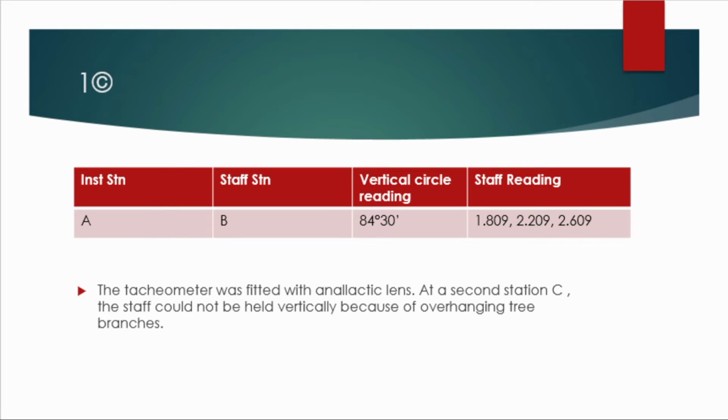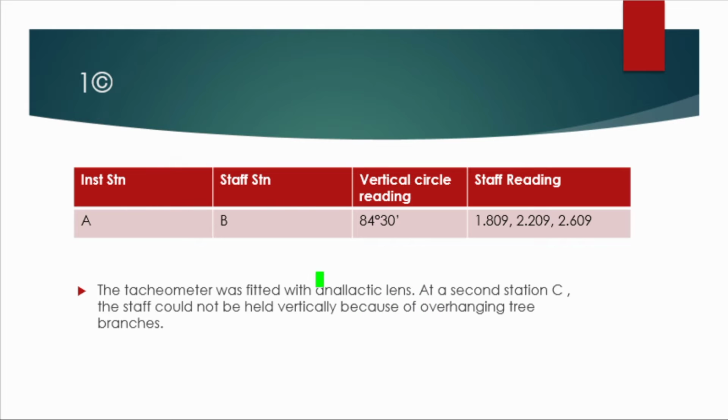So I'll go directly. I was interested in this question 1c. Here we had been given the instrument station, staff station, the vertical circle reading and the staff reading. We had the 3 staff readings: the top, mid and the bottom. We had been given that the tacheometer was fitted with an analytic lens.